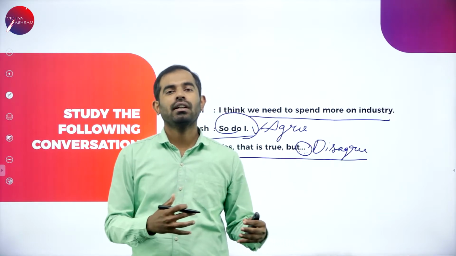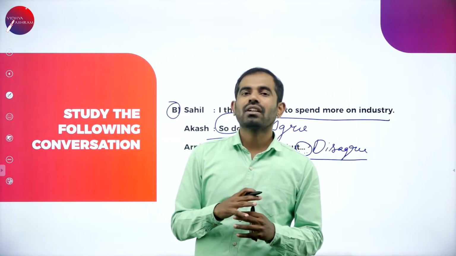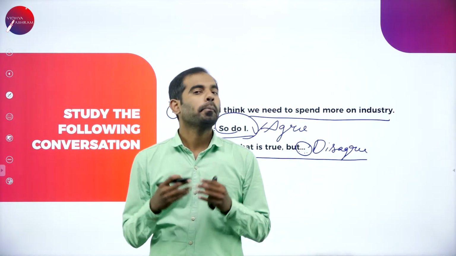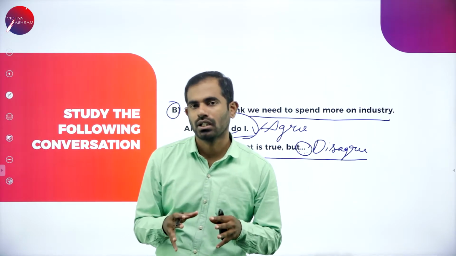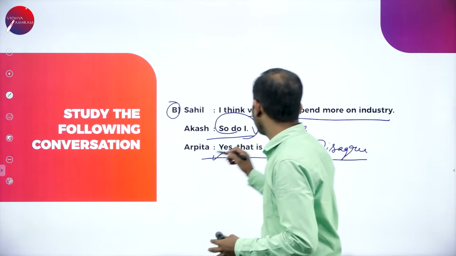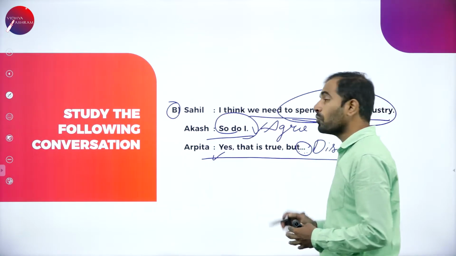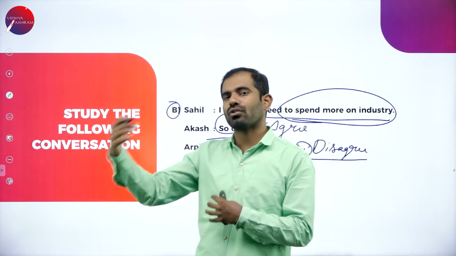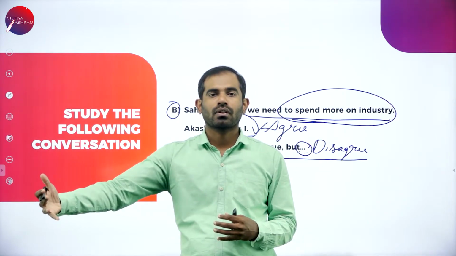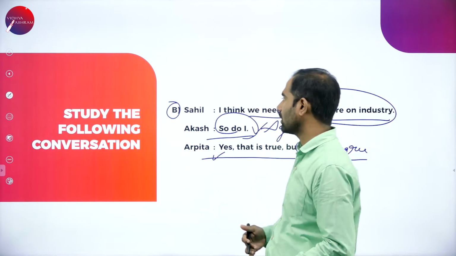You should know that Arpita is not entirely agreeing. She is saying, okay, maybe yes, but still she says but. I don't think you have to spend more on industry, rather you can spend the money on something else. That is what she meant.